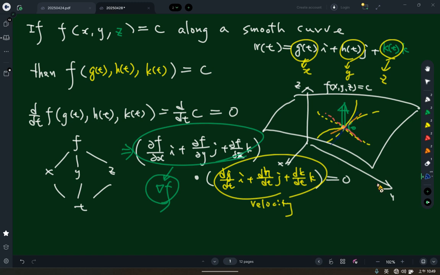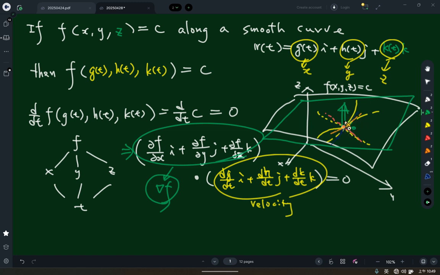Maybe the color is not so obvious. Okay, this is a blue one. So all of these construct the tangent plane. They are all orthogonal to the gradient vector.